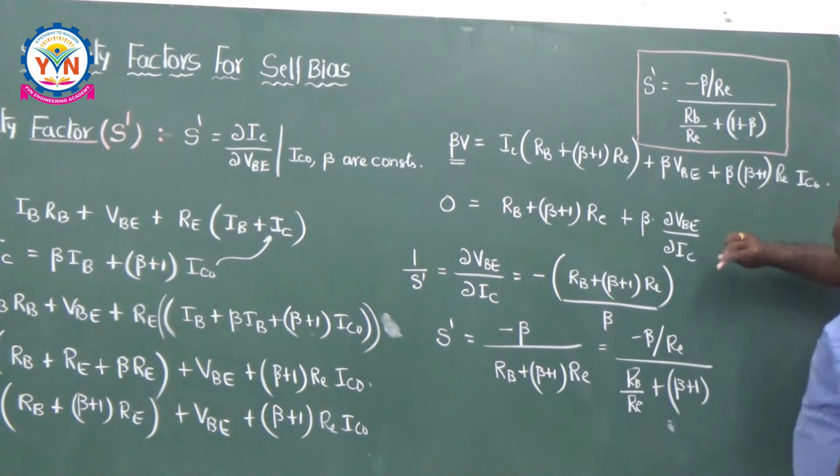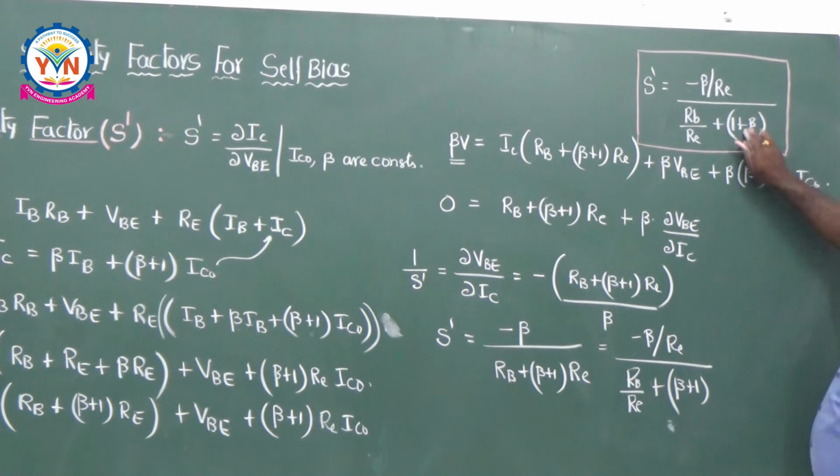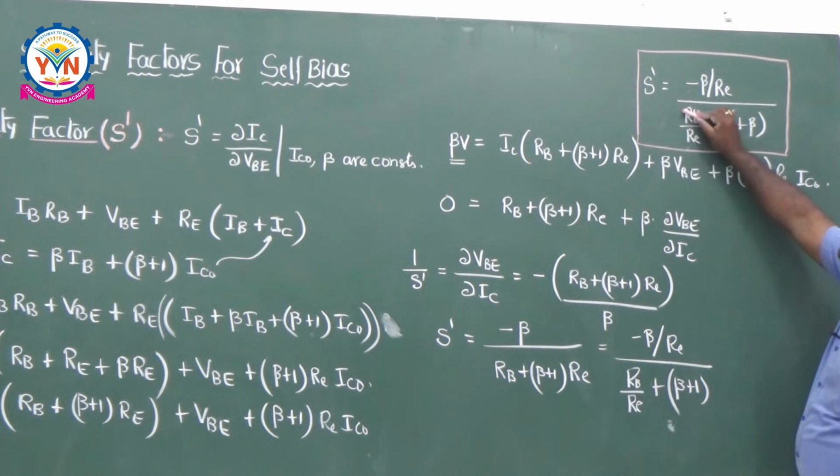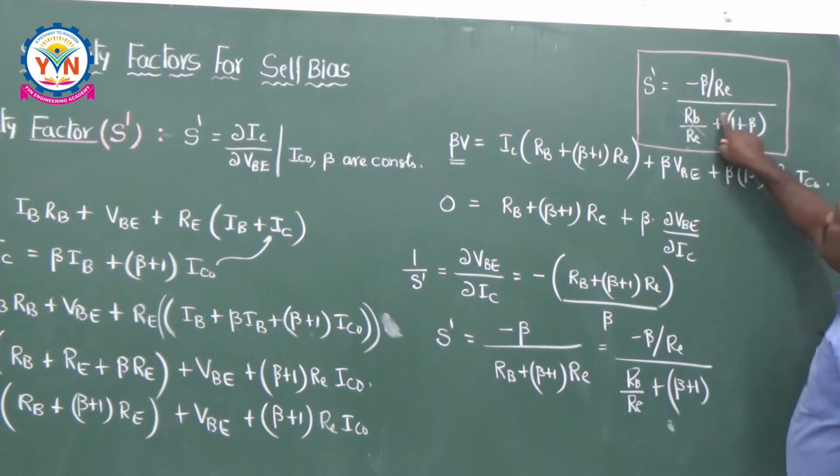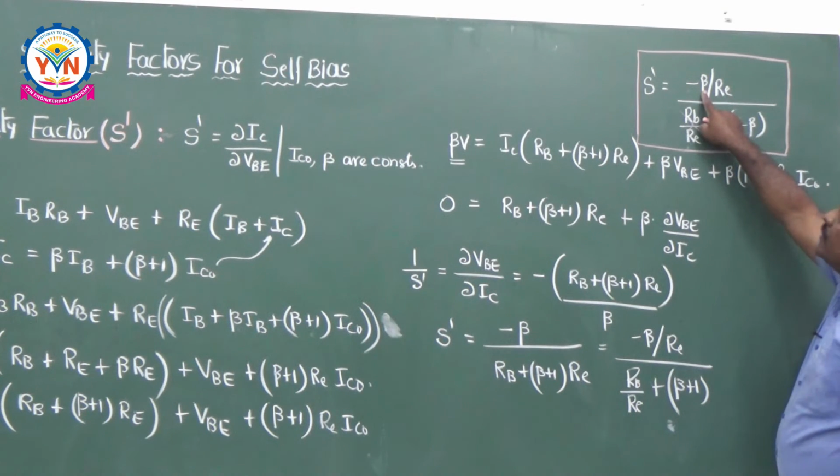Now I would like to tell you, if 1 plus beta is very, very greater than RB by RE, RB by RE can be neglected. Then 1 plus beta will be remaining. Compared to 1, beta is very, very high, so it becomes beta. So totally the denominator becomes beta, and beta and beta will be cancelled.